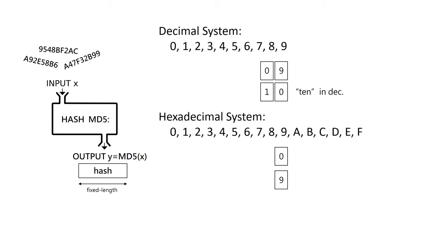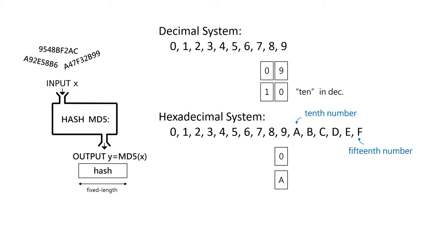Similarly, in the hexadecimal system, you can put 0 to 9 plus A to F in a digit. A is the 10th number that you can use in a digit, and F is the 15th number you can use in a digit. So if you want to represent 10, you don't need one more digit because you can use A to represent 10.